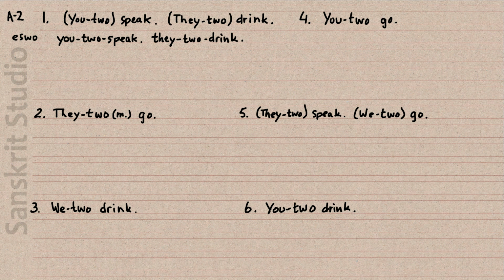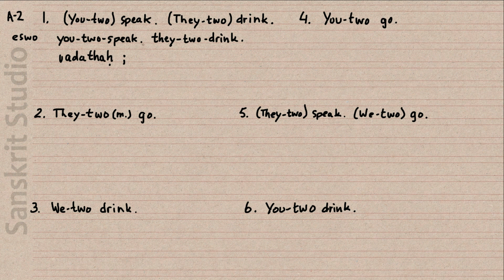Speaking is vadati. Vadati, he speaks, but now it's not he who speaks, but you two speak. So we have vada, ta, second person dual, tah, like that. And similarly, they two drink, but now it's third person dual.